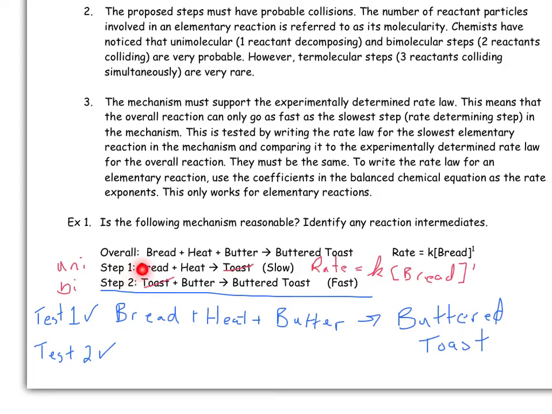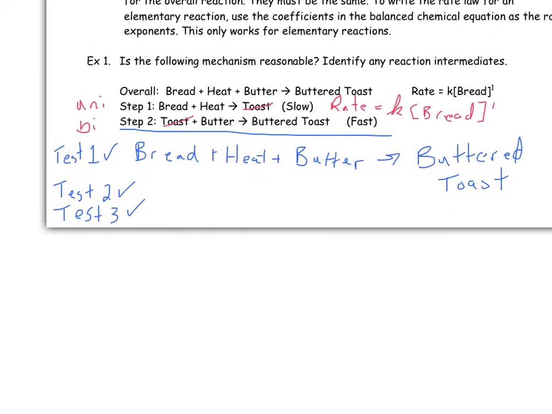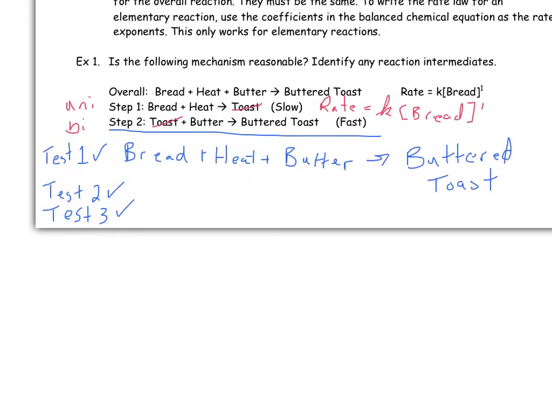Now because there is no coefficient in front of the bread, it is a first order reactant. Remember, that means if I double the concentration of the bread, then I would double the rate of making my toast. To pass test 3, the rate law for the slowest step has to match the experimentally determined rate law for the overall reaction, and in this example, it does. Therefore, the mechanism is reasonable.